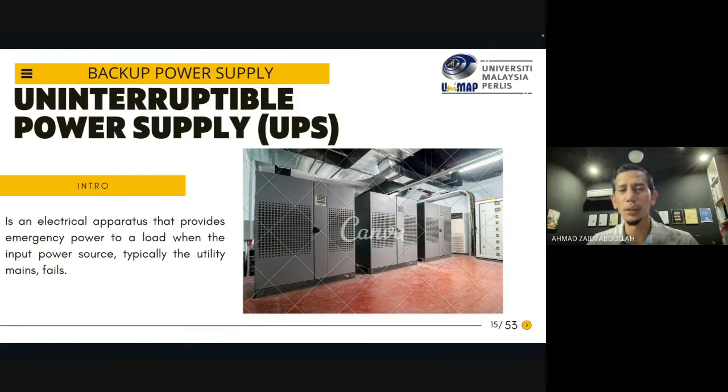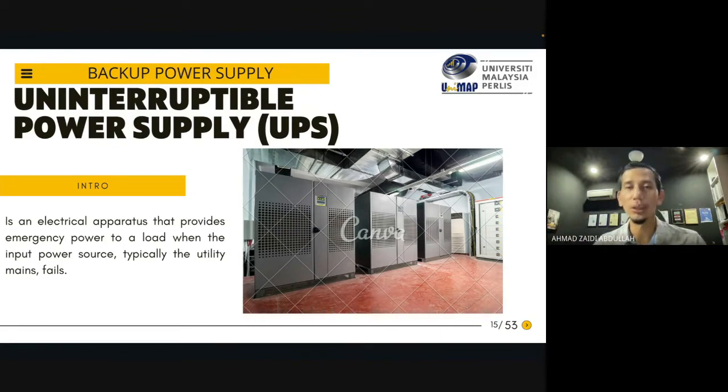So the UPS project for ICT Unimap costs more than 2 million. 2 million for the UPS only. So whoever wants to join a UPS business or company, I think it should be a good business, because right now in this era we are aggressively moving on IR 4.0, which means we are focusing on the internet.